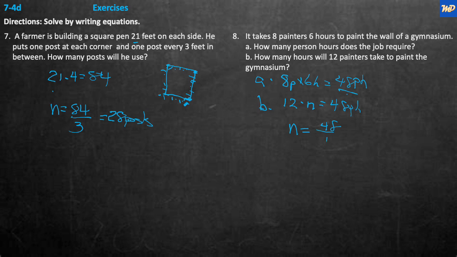So we divide both sides by 12: 12 divided by 12 times n is equal to 48 divided by 12, which is 4. So it took 12 painters 4 hours to do a job that 8 painters took 6 hours to do. So n is equal to 4.